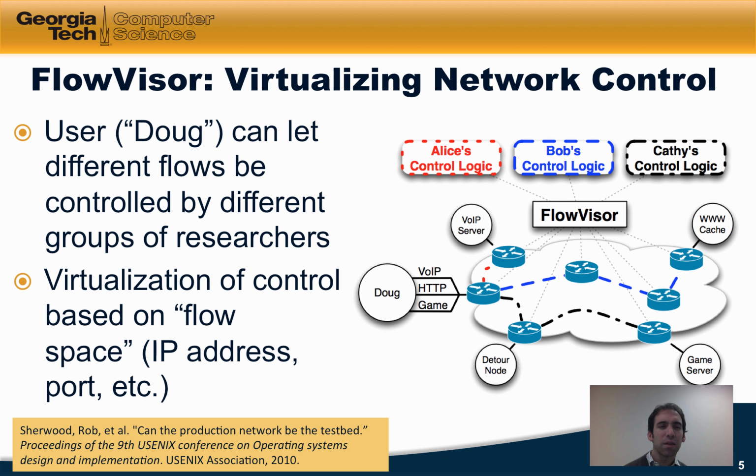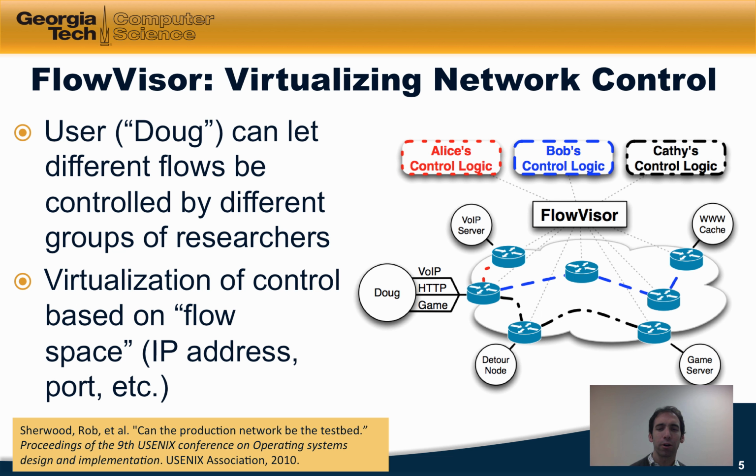And that's effectively what a piece of software called Visor does. Visor basically virtualizes network control by letting experimental traffic run in parallel on the production network with the real user and real production traffic.